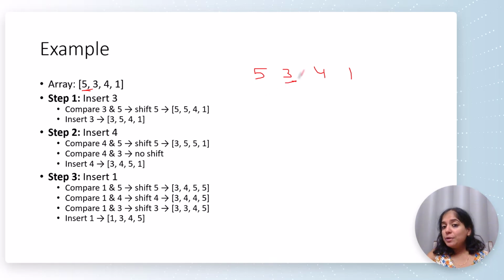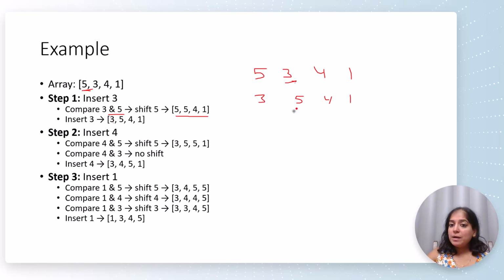If you compare 3 with 5, 3 should be before 5. So we will shift 5 over here. So it will become 5, 5, 4, 1 and then put 3 on its correct position. So it becomes 3, 5, 4, 1 after the first pass.